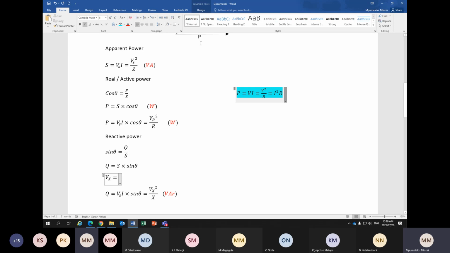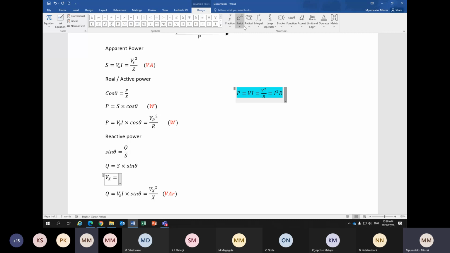Reactance means the total reactance, which includes the voltage across the capacitor and the inductor. You add the two since they are connected in series, it will be VL plus the voltage across the capacitor.